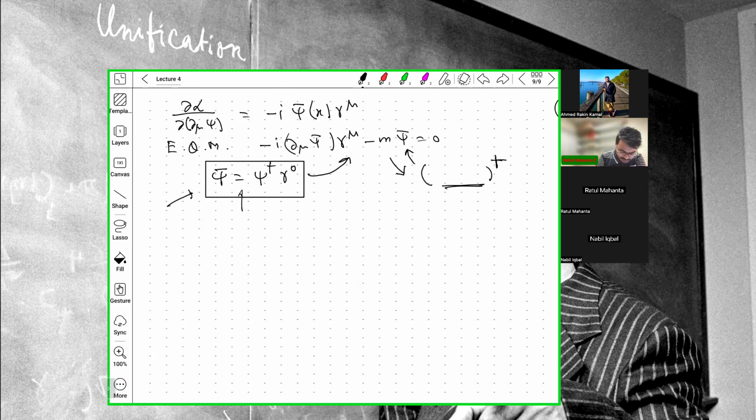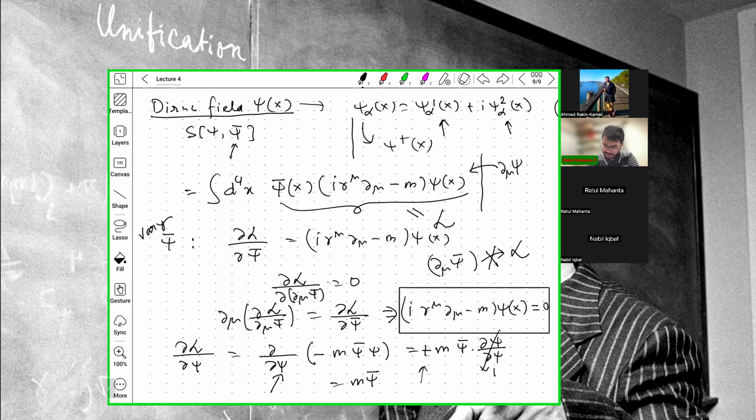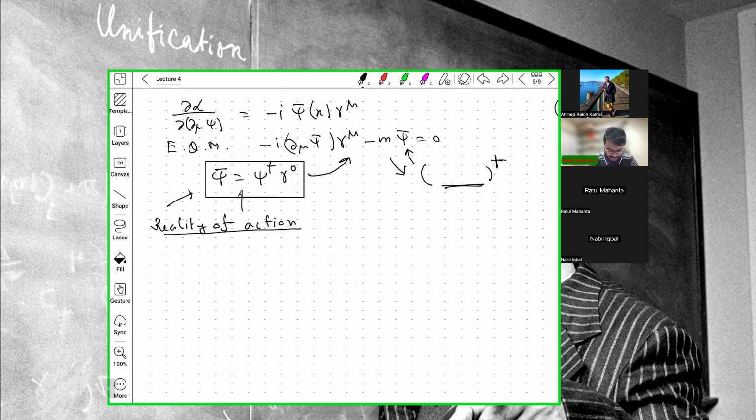Another is the reality of the action. The action should be real valued. And because of the gamma matrices in the Lagrangian, it is not very straightforward if you take just a dagger and you will find it back. It is actually not. When you take L dagger, you can actually find this.